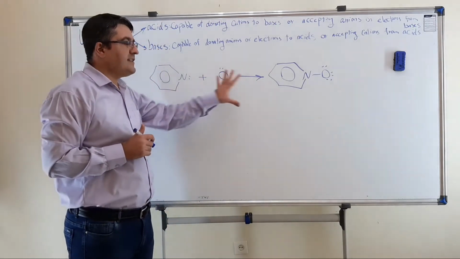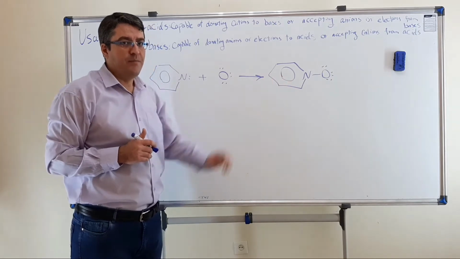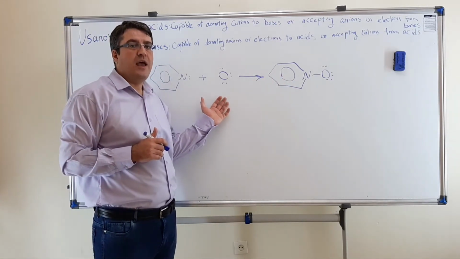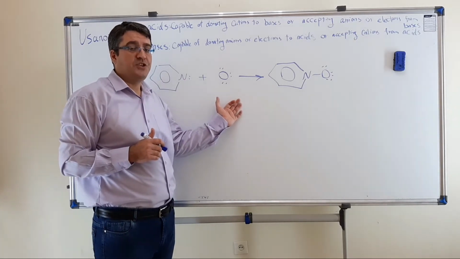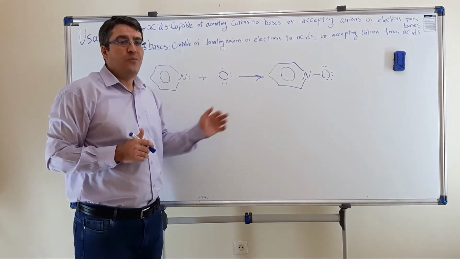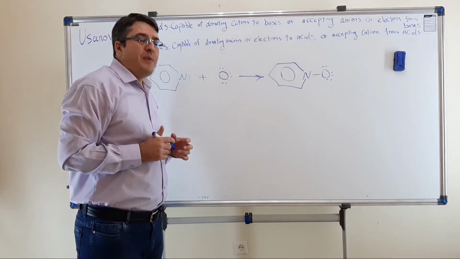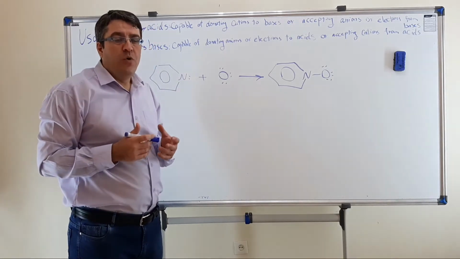So we can consider this as a common acid-base reaction in chemistry. On the other hand, this reaction is also an oxidation-reduction reaction, a redox reaction. So the borderline between acid-base reactions and redox reactions is not clear or well defined.